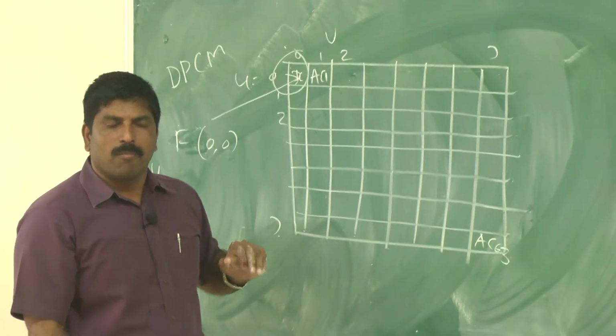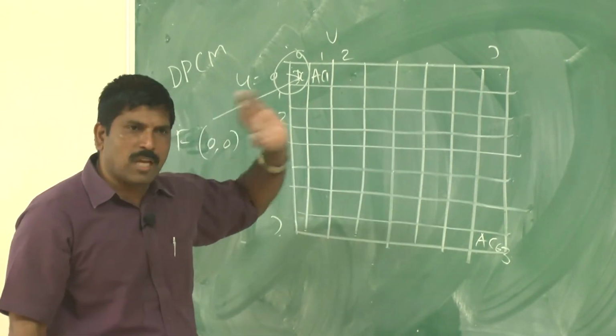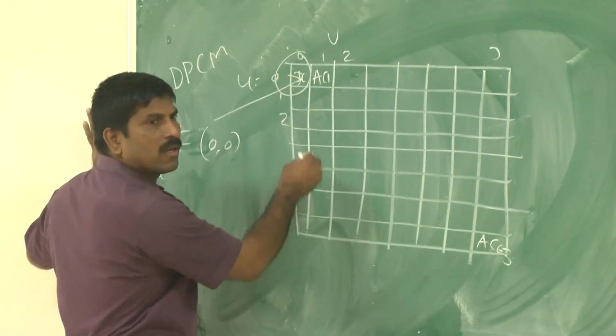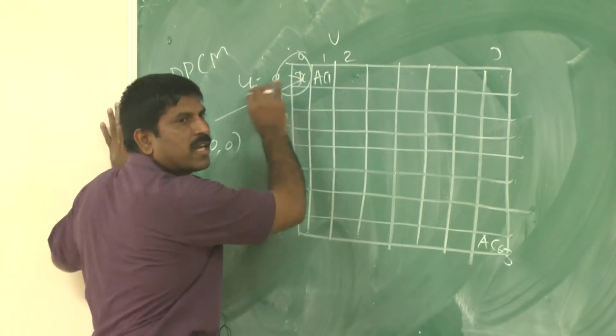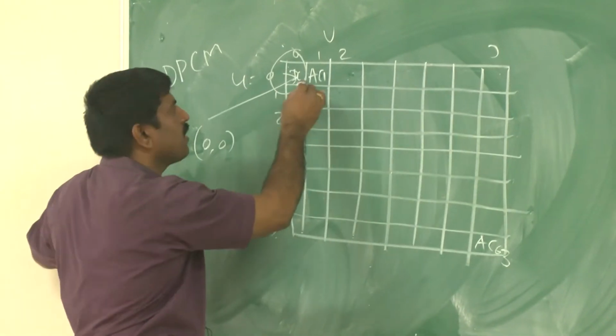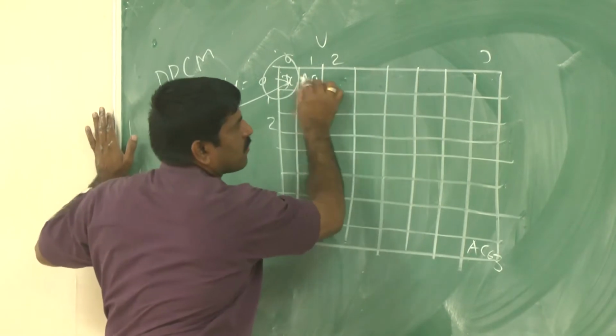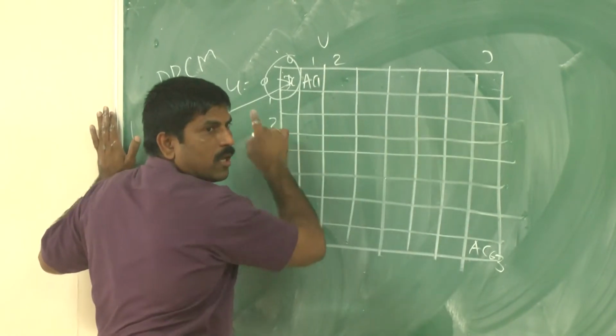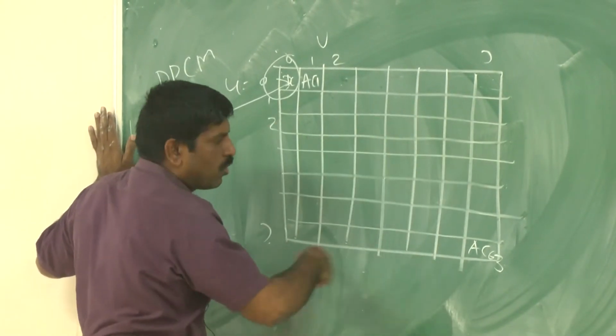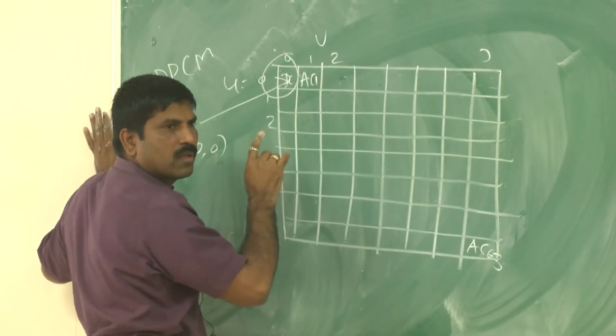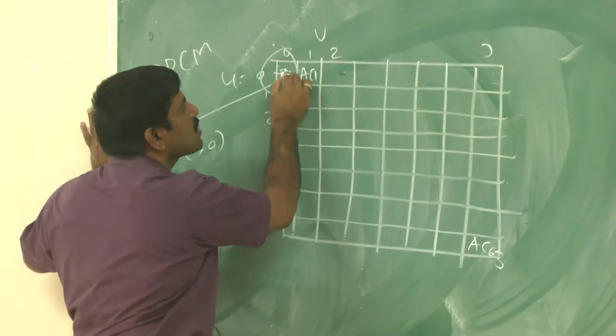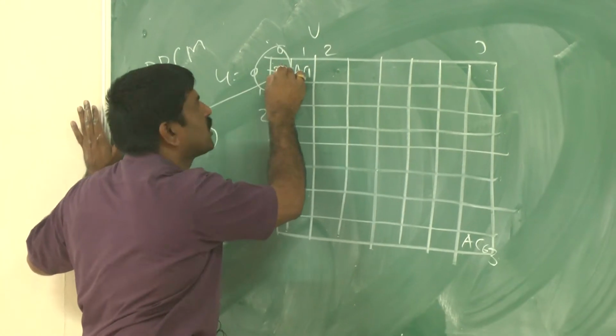But in JPEG it is suggested that instead of sequential scanning, first row, then second row, third row, up to the last row, you scan those coefficients in a zigzag manner.